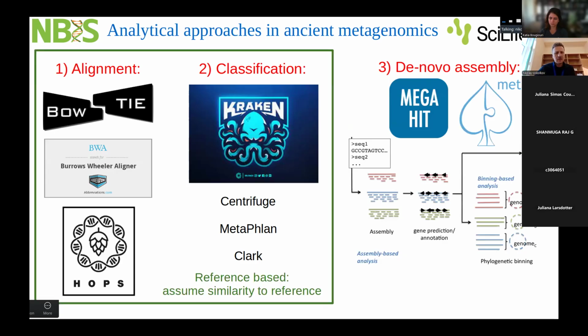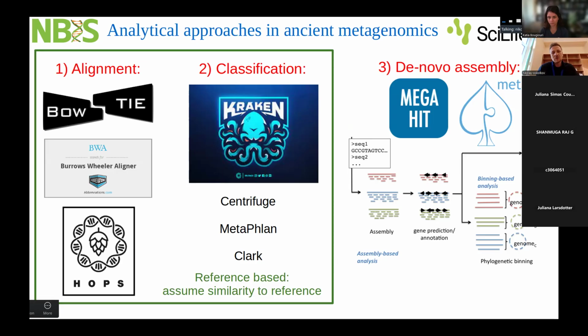And this alignment and classification approach, they belong to a reference-based approach. Here, there is a strong assumption that your query reads have a high similarity to the reference, and this might not be fulfilled. This assumption might be violated depending on the divergence between your reference and your query reads, biological divergence.